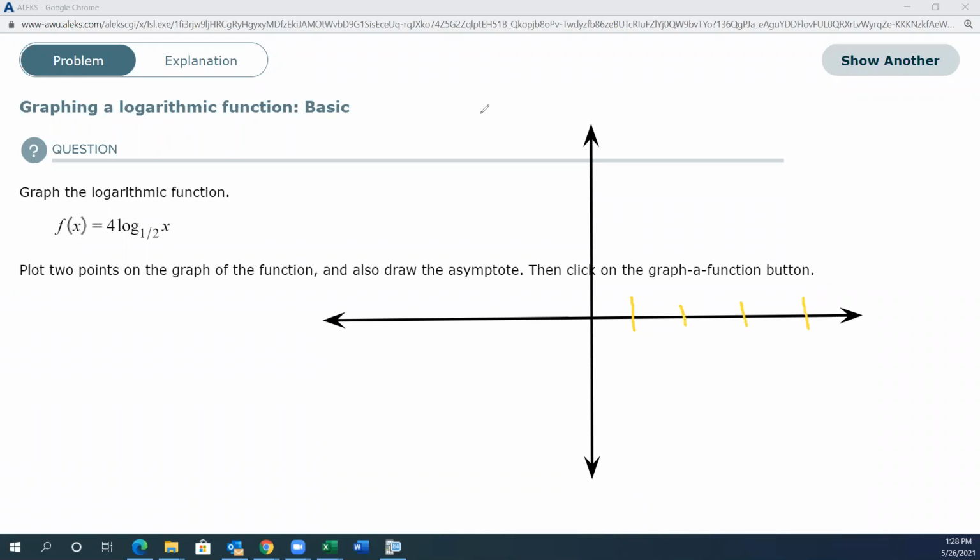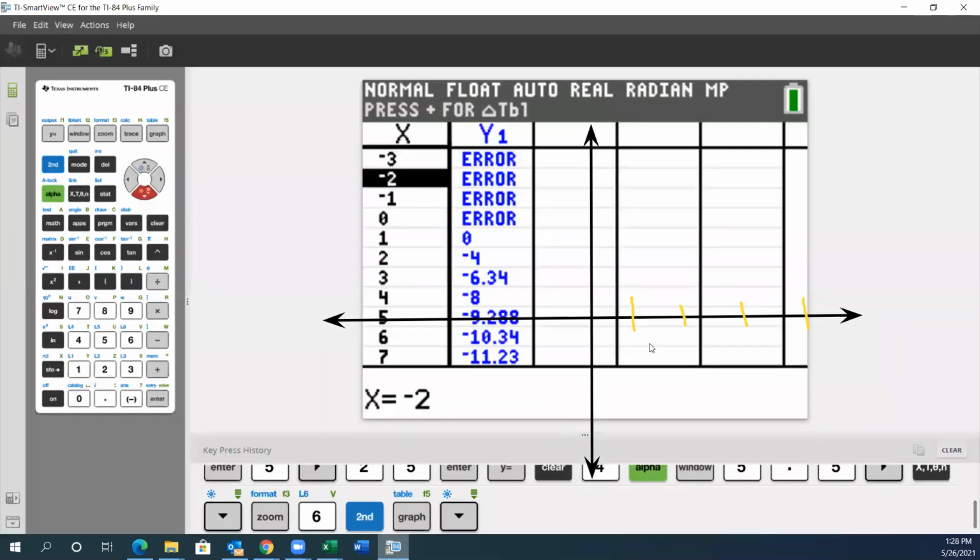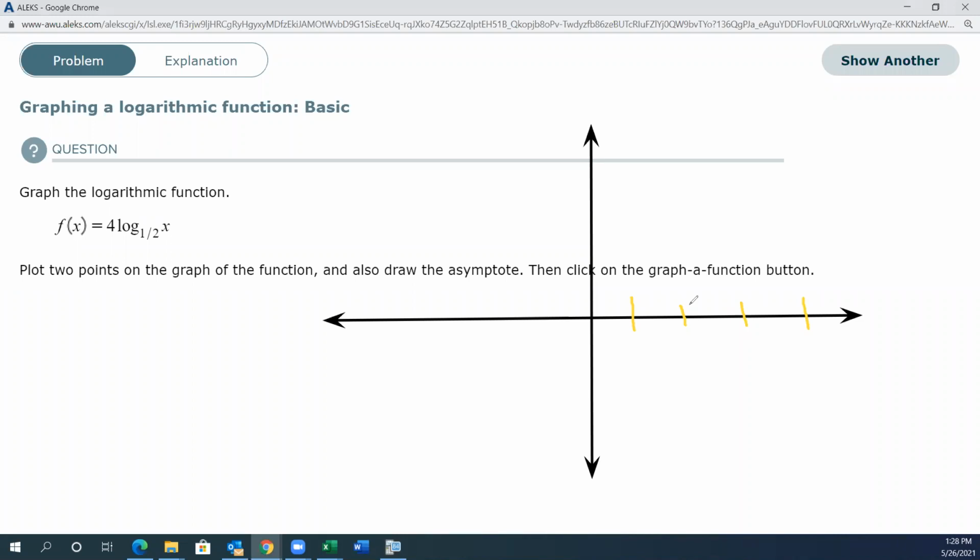So it was, just to be clear, 2, -4, 4, -8. Yes. Okay. Just want to make sure I got that correct. And that's -8 right there. And that's -4. So now I get to do my cool little x again. So 2, -4 and 4, -8.